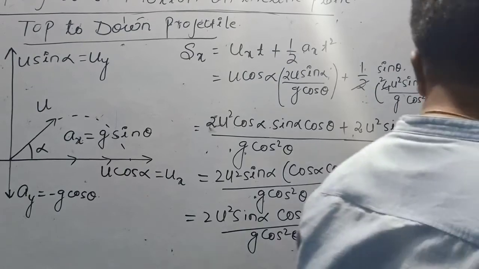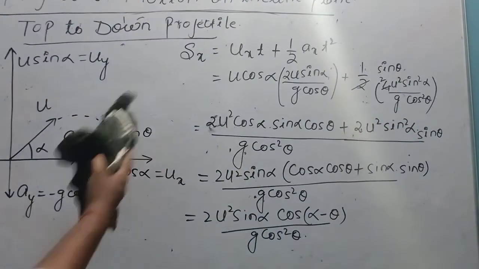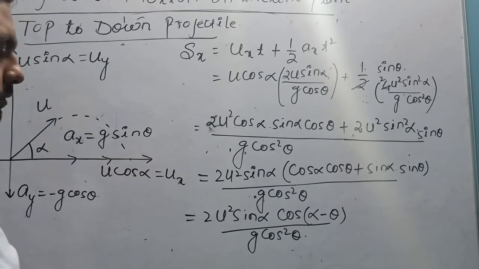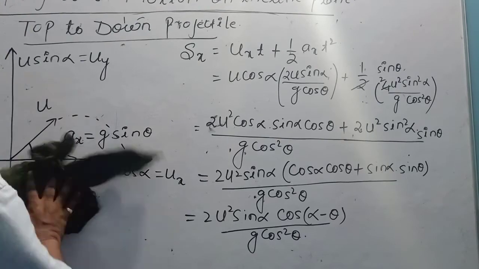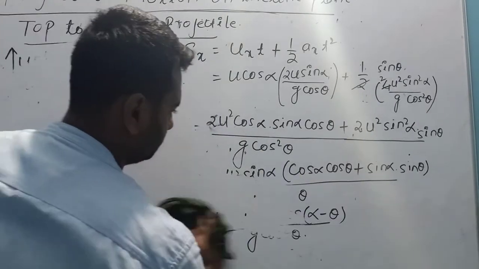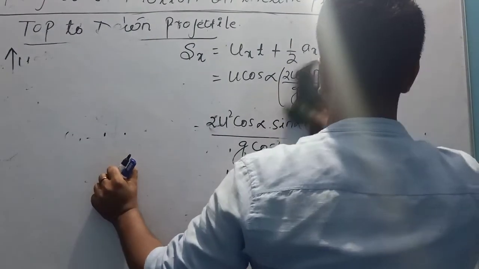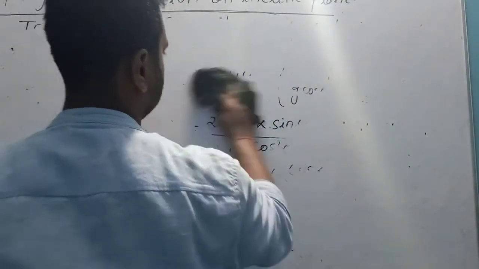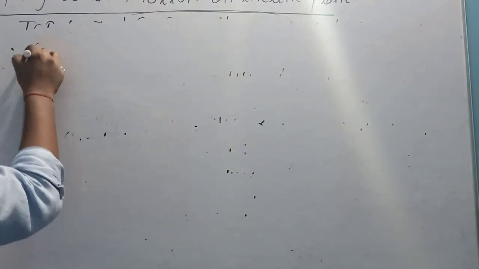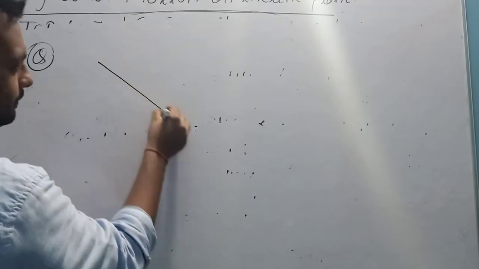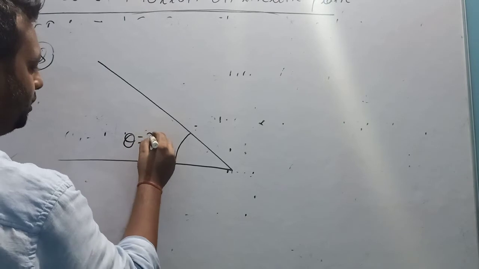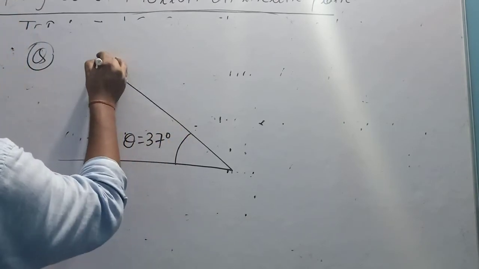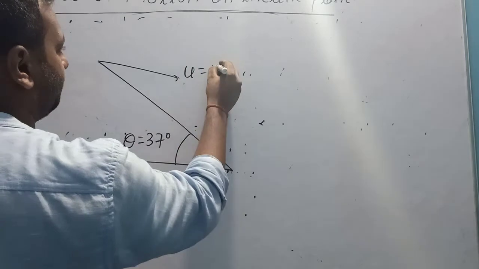I am giving you one question for homework. Suppose this is an incline having angle of inclination equal to 37 degree, with initial velocity of 10 meter per second.